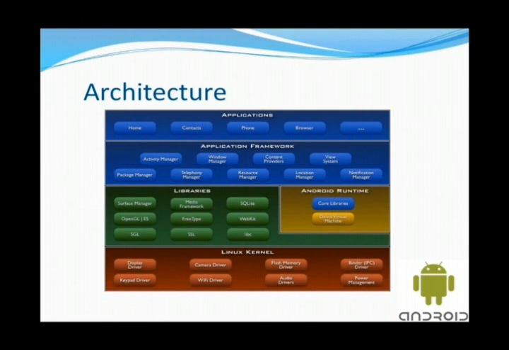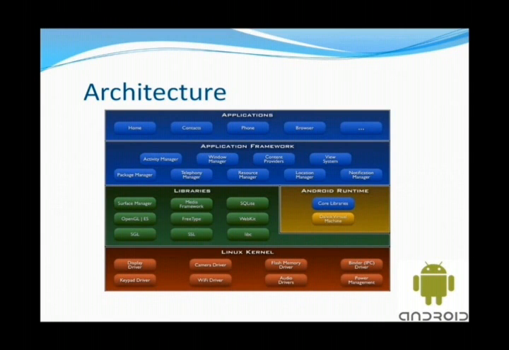Due to that, developers can build extremely rich and innovative applications by taking advantage of hardware, local information, and much more. The application architecture is designed to simplify the reuse of components.